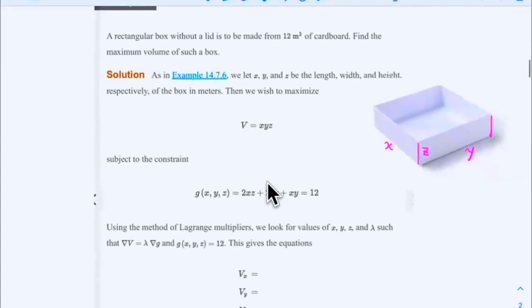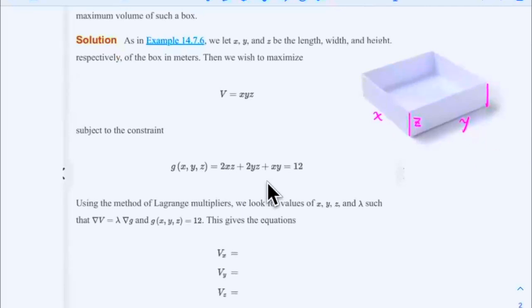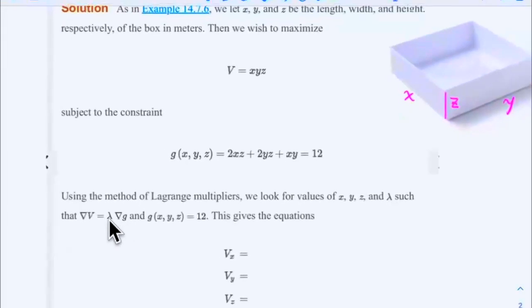Now we're going to use the method of Lagrange multipliers. We try to find x, y, z, and lambda such that the gradient of this V is lambda times the gradient of g. If the gradient of V equals lambda times the gradient of g, then we look at each component.